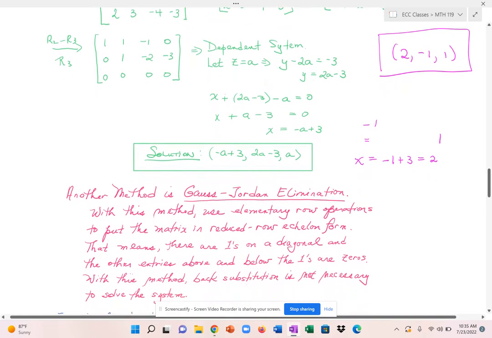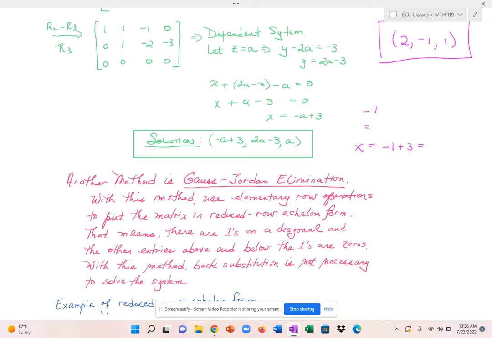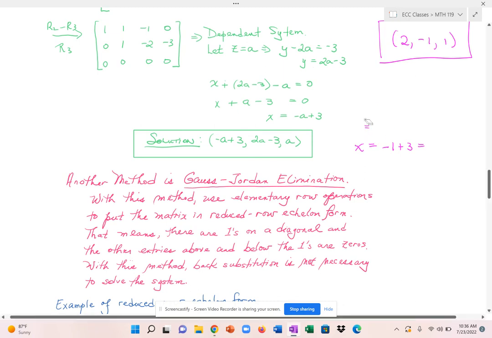So with this method, you're going to use elementary row operations to put the matrix in reduced row echelon form. That means that there will be ones in a diagonal and all other entries above the ones will be zeros. And when that happens, you won't have to do this back substitution to solve for x and y the way I did in the last two examples.